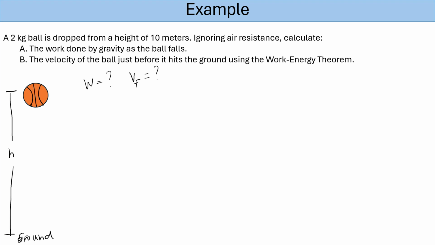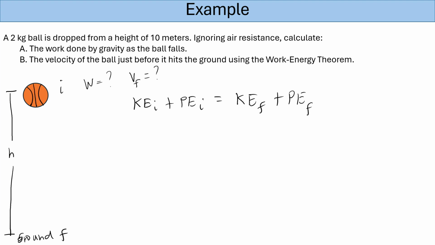We will label this our initial point, and at the ground will be our final point. So writing our energy conservation formula, we will have PE initial is equal to KE final plus PE final.